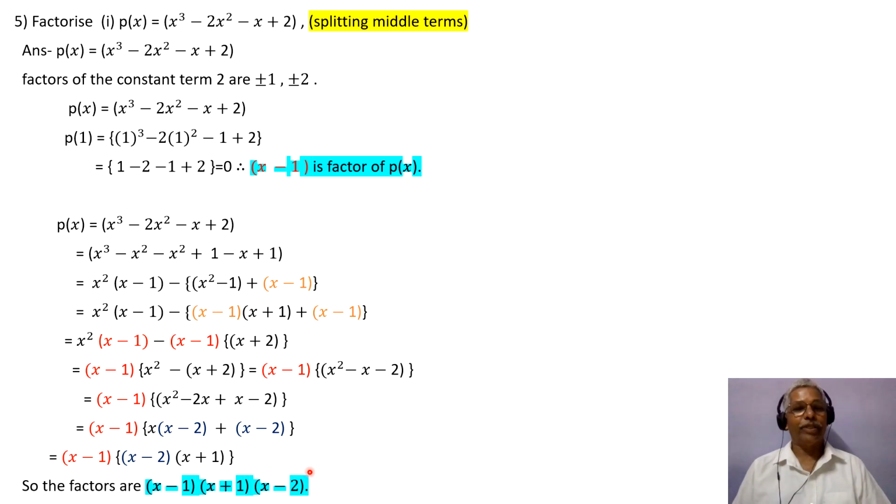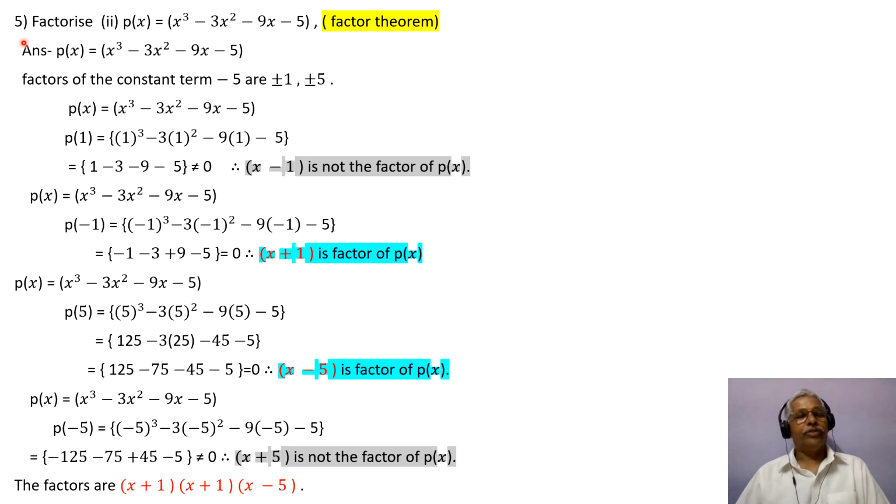It's very simple. Second example, the second polynomial px equal to x cube minus 3x square minus 9x minus 5. To factorize this by factor theorem. The answer, try to study very carefully, because there is some hint in it, and that is very useful for you in the exam.